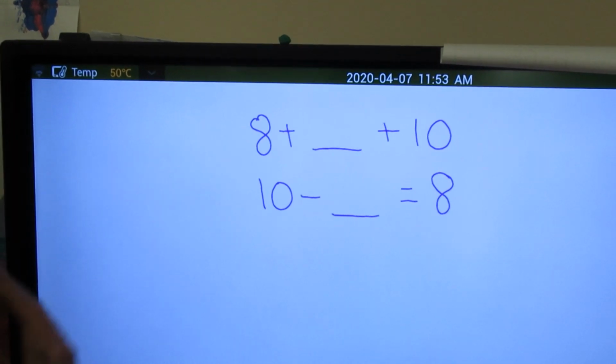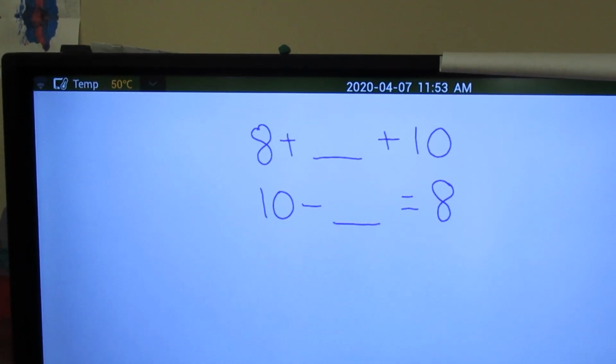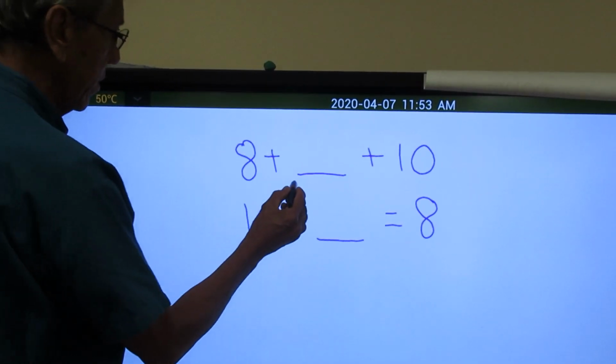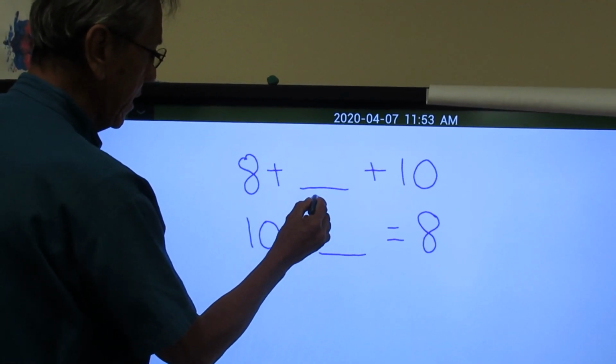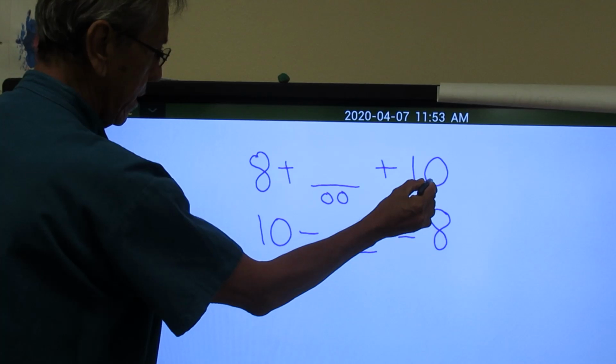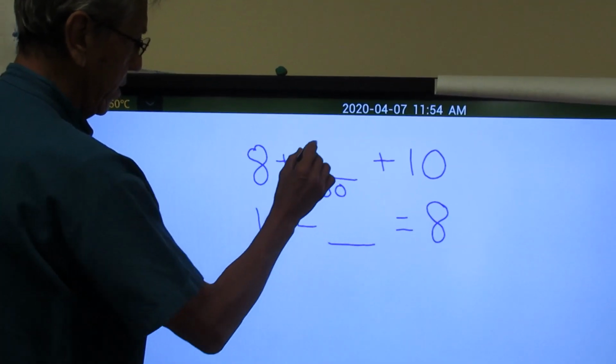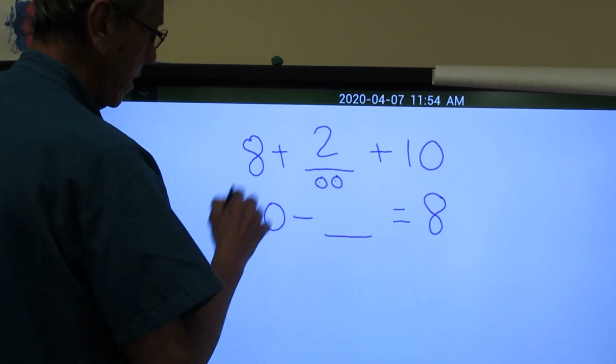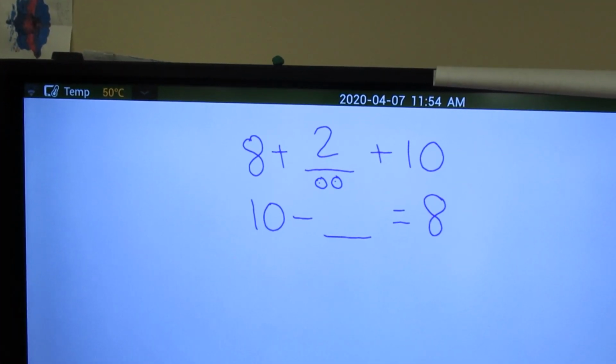So to figure out the addition, there are several ways to do it. You can just say 8, 9, 10. I got to 10. So how many did I add? 2 more. And we get to 10.